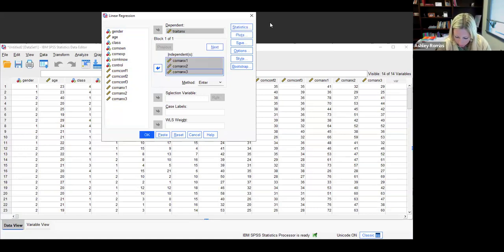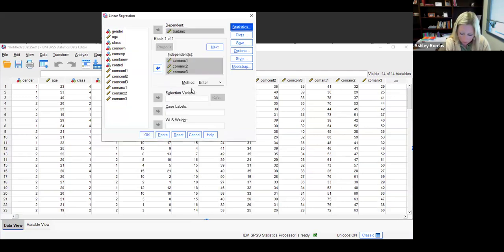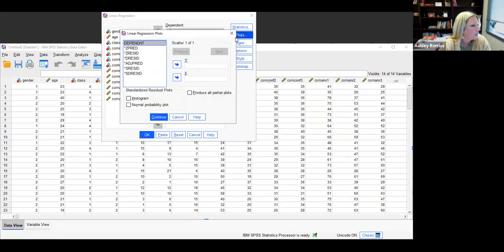Then the instructions said under Statistics, do estimates, covariance matrix, Durbin-Watson, model fit, which is already checked, descriptives, and then continue. And then plots. I just clicked histogram and normal probability, and I think I got the right answers.